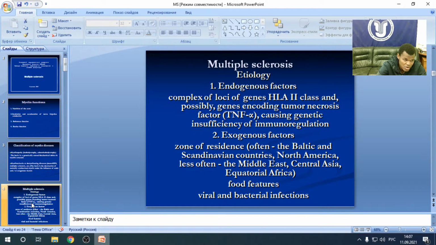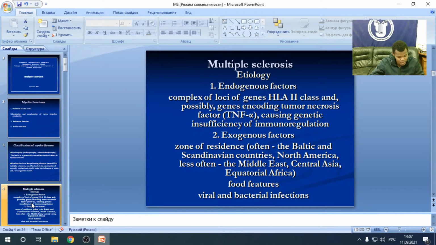So the causes of multiple sclerosis: we have endogenous factors. When we are talking about endogenous factors, it means inside of our body, right? Endo, from Latin, means inside.